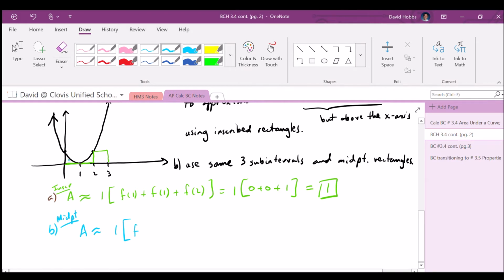My midpoint for the first subinterval from 0 to 1 is going to be 1/2. My second midpoint is going to be 3/2. And my third midpoint is going to be 2.5 or 5/2.